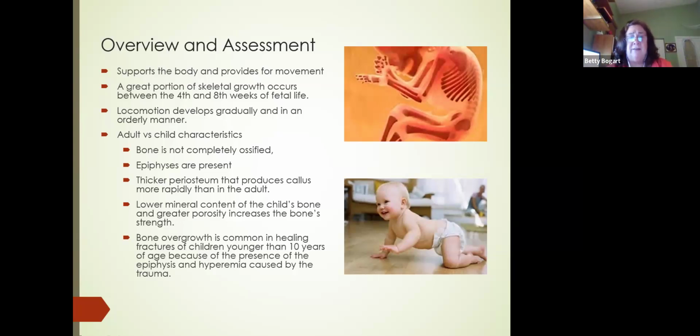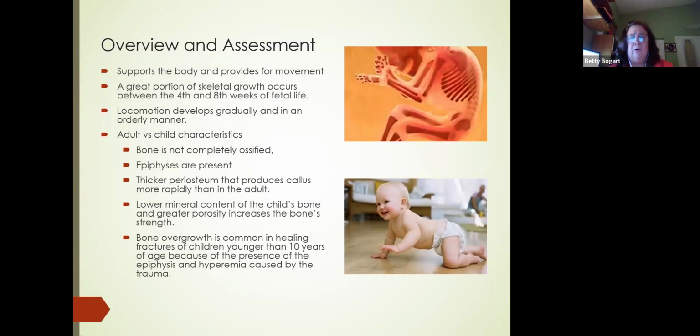They have a thicker periosteum and it produces calluses more rapidly. You put a cast on a 2 week old, it's going to be healed in 2 to 3 weeks. You put it on an adult, it's 8 to 12 to 16 weeks. It heals quicker, and it's really that quick in younger ones. There is a lower mineral content, and it increases the bone strength.